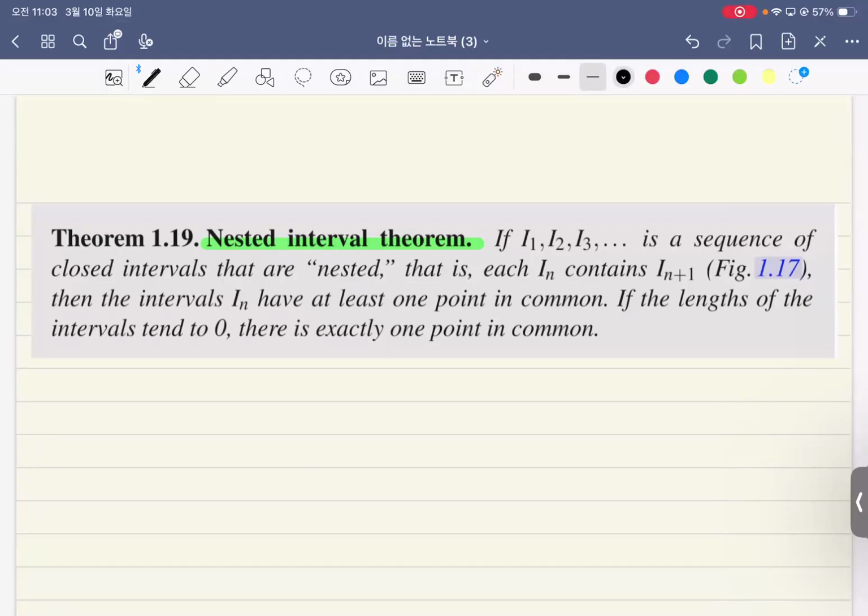So in other words, if they are closed and nested intervals, then we want to consider the infinite intersection of these intervals: I1 intersection I2 intersection, and so on.